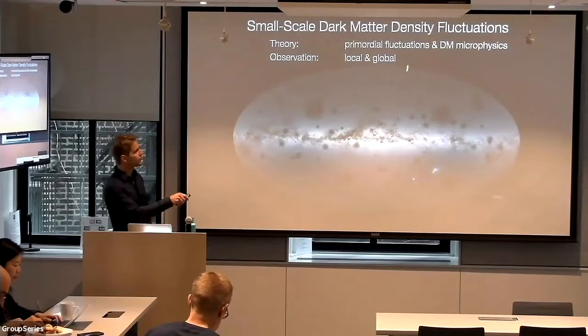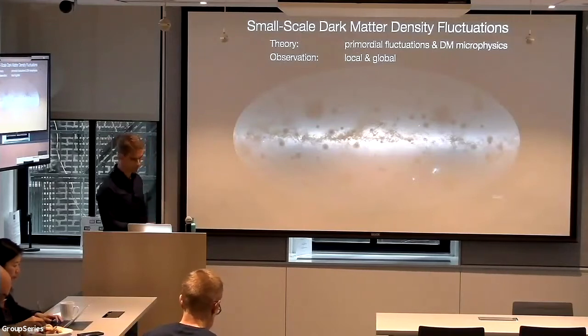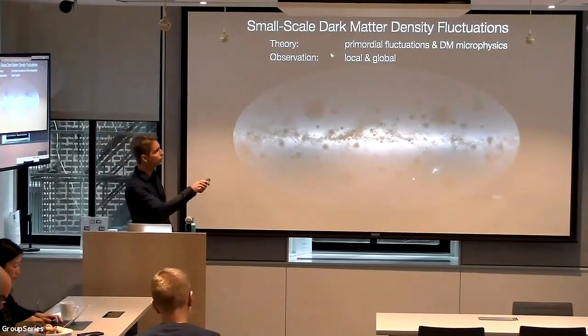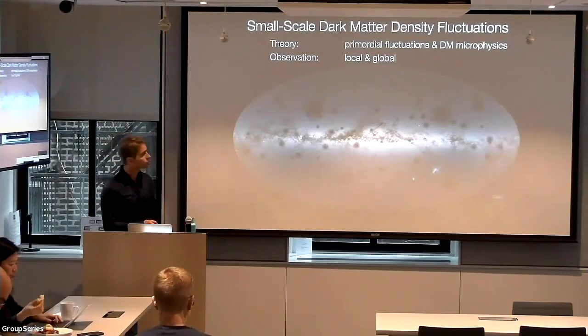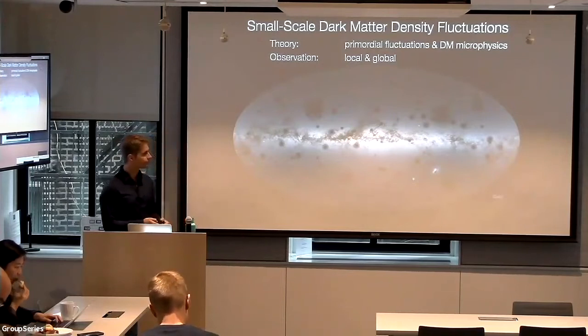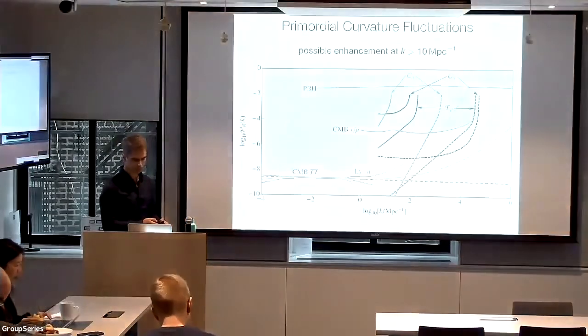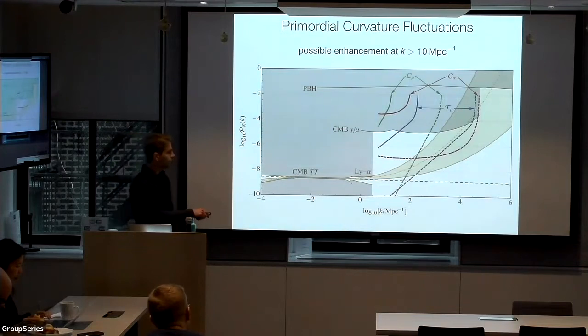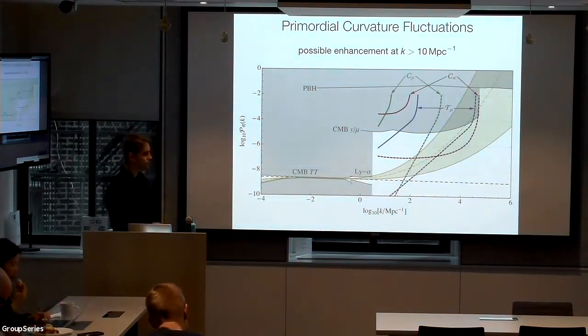So before I get to that, let me tell you a little bit of what could source these small halos. So in particular, primordial fluctuations and dark matter microphysics. We've measured the cosmic microwave background exceptionally well on the very largest scales in our universe.